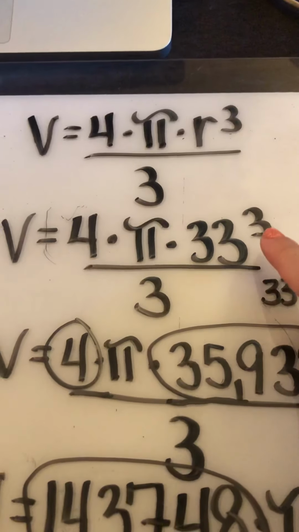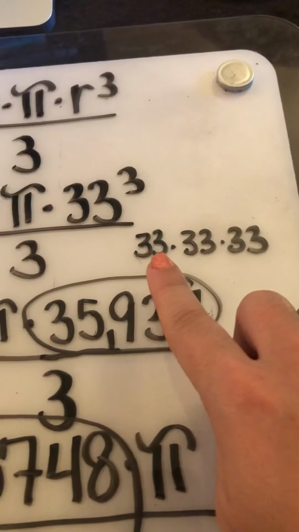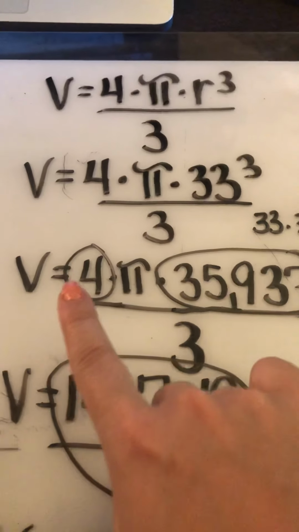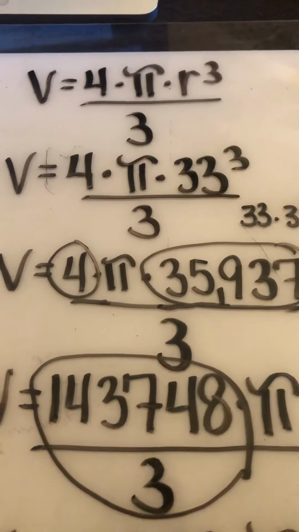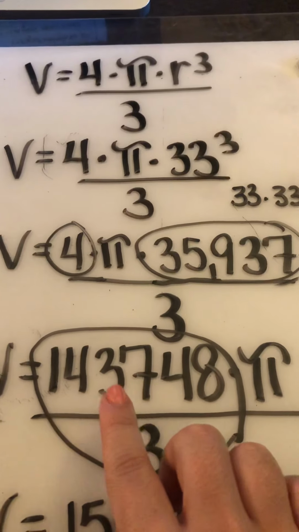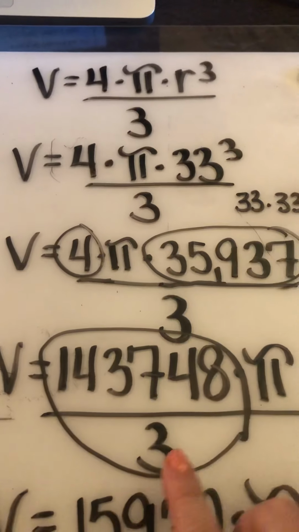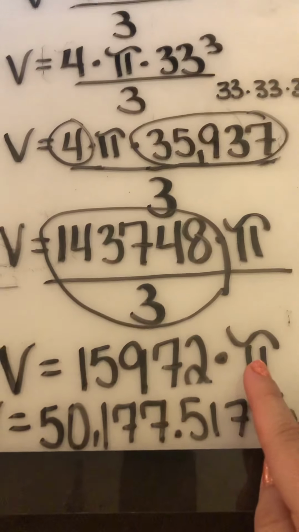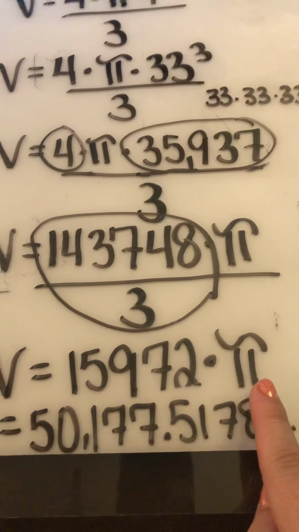Exponents first, it's to the third power, so that's the same as saying 33 times 33 times 33. We get our product. Then you're going to multiply the two numbers that are in your numerator, leave pi off, put it back after you get that product. Then you're going to divide the number by 3, your denominator, and then put pi with that quotient. This would be your answer in terms of pi.